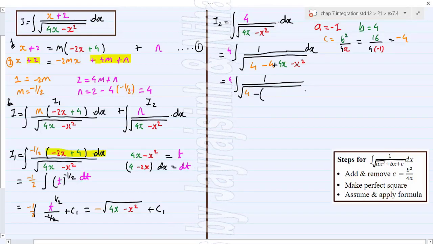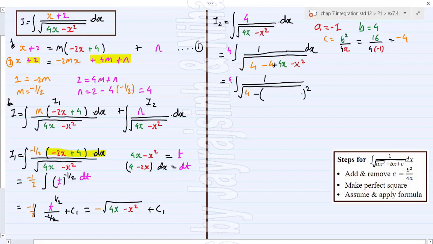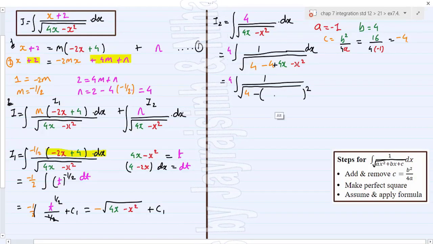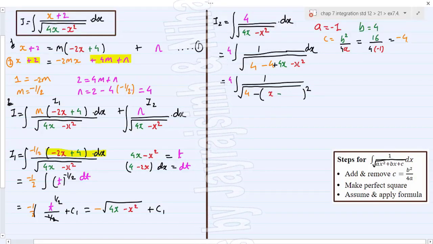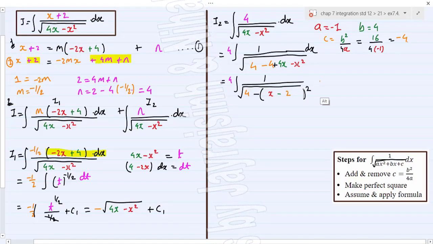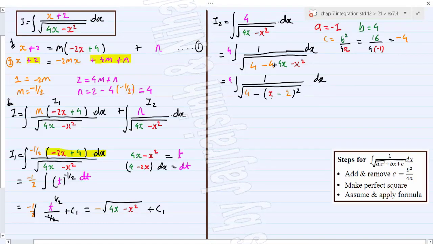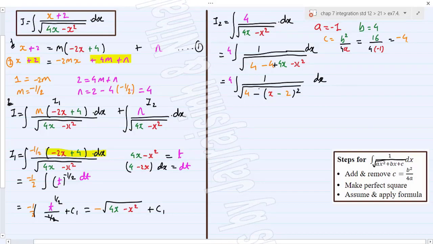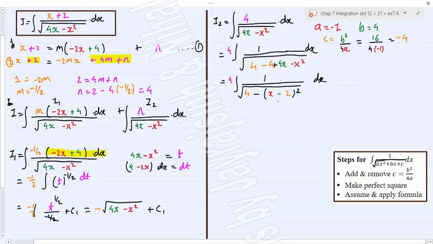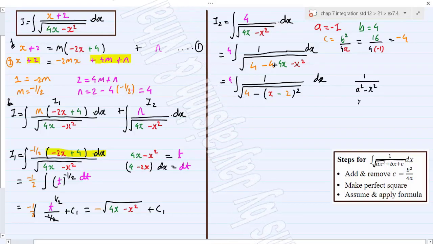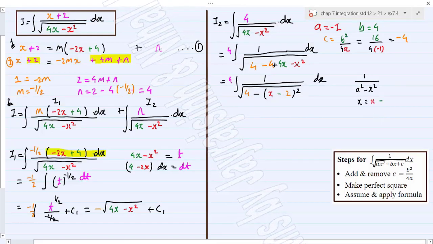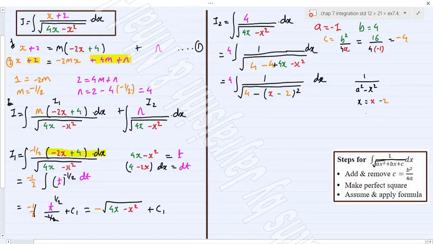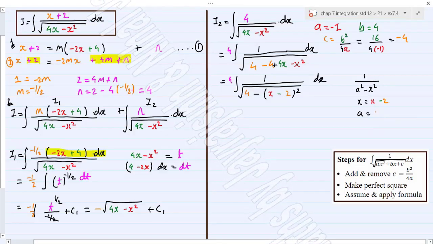After taking minus common, the last three terms will create the perfect square of x minus 2. So here we just have to integrate 1 upon under root of a square minus x square. Your x is simply x minus 2 and a is 2.